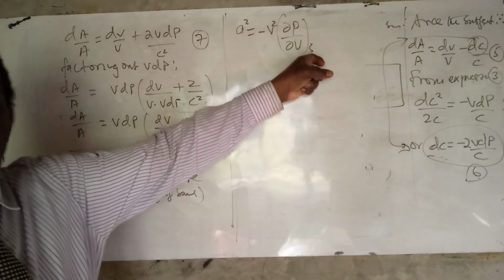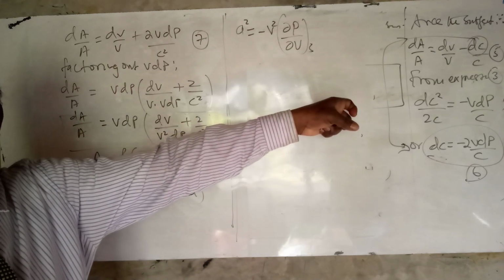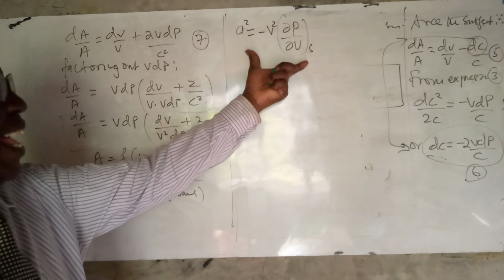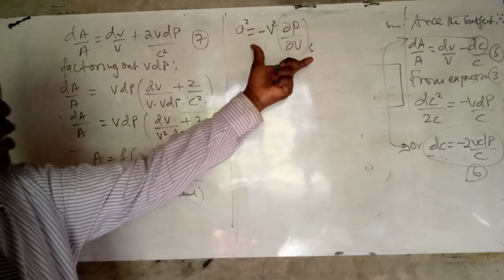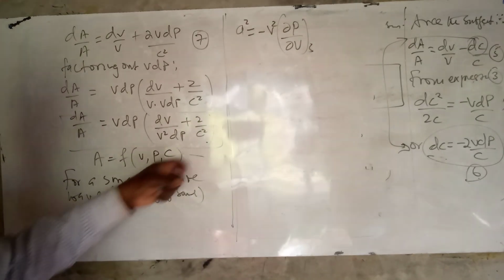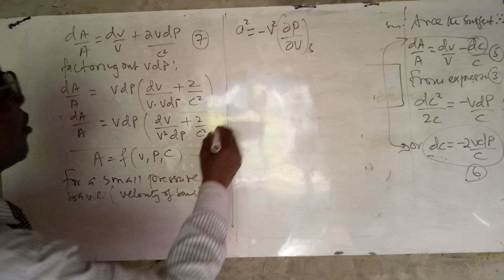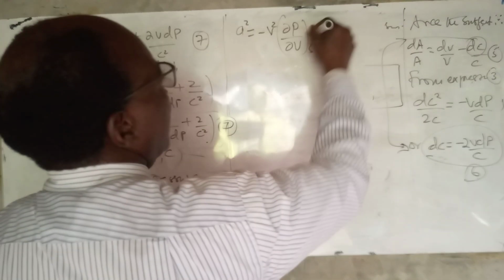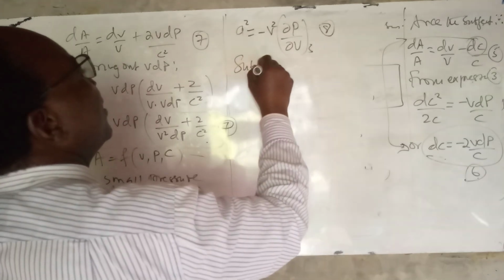And remember, when we are deriving expressions from these thermodynamic state functions, we assume isentropic conditions. So we can plug in this expression for the small pressure wave into that expression there. Let's call this expression 7 and that one 8, so that we don't get mixed up.